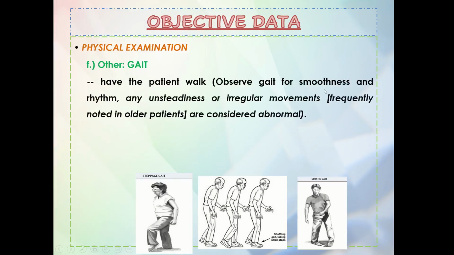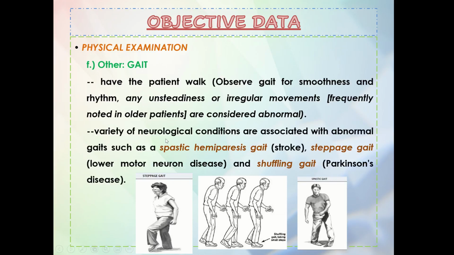So, observe a gait for smoothness and rhythm and any unsteadiness or irregular movements. Frequently noted sa mga older patients yung mga unsteadiness na yan or irregularities. So, considered normal yon sa mga matatanda.